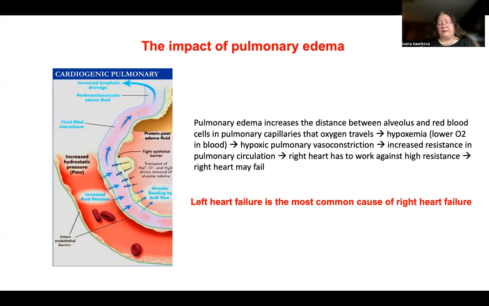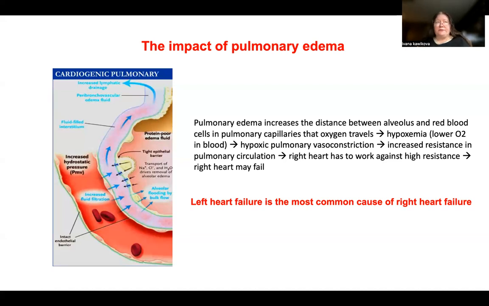And in pulmonary circulation, there is this physiological mechanism that when there is a lesser amount of oxygen in certain area, that area is vasoconstricted to reduce the blood flow through area that is not properly ventilated.